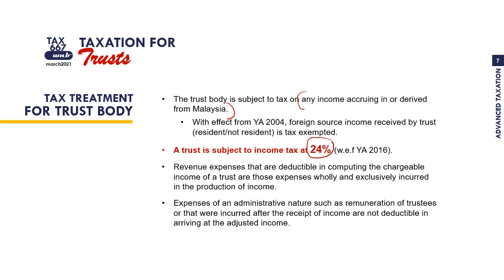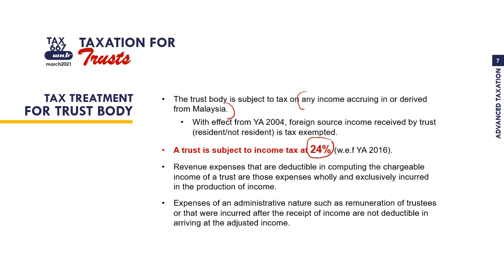Revenue expenses that are deductible in computing the chargeable income of a trust are those expenses wholly and exclusively incurred in the production of income. So the treatment for expenses is quite similar to any business or corporation, whereby if the expenses are incurred wholly and exclusively in the production of the income, then those expenses are allowed to be deducted.